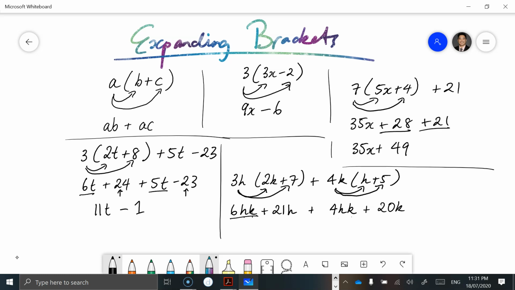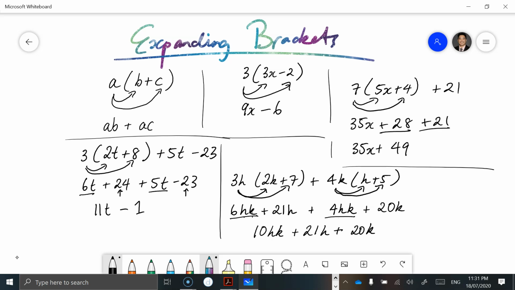So we've got 6 of these, 4 of those, and so we can have 10 of them all together. Now, this term here is an h, and that term there is a k, so we can't combine them. They just remain separate. Do not force them if they don't have anything in common. Okay, so we're left with 3 terms as our final answer for that question.